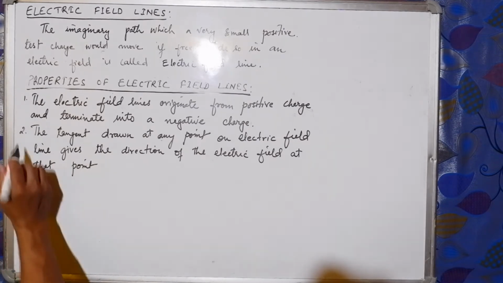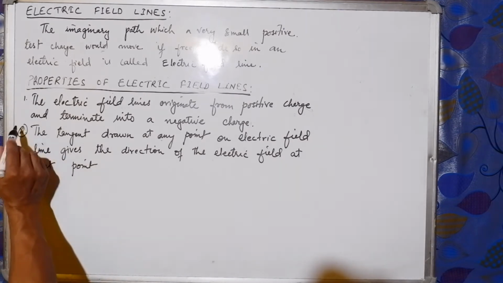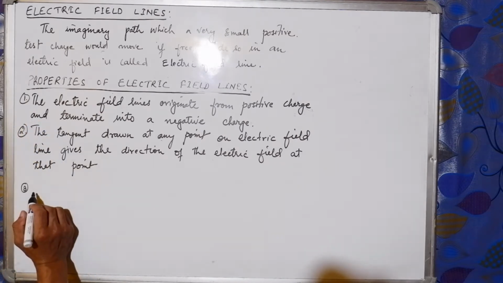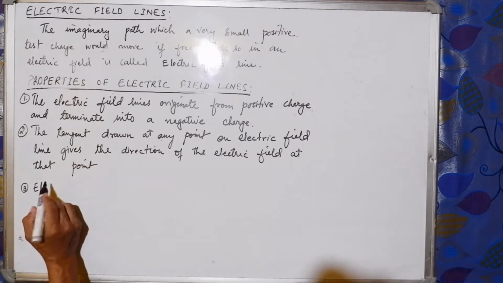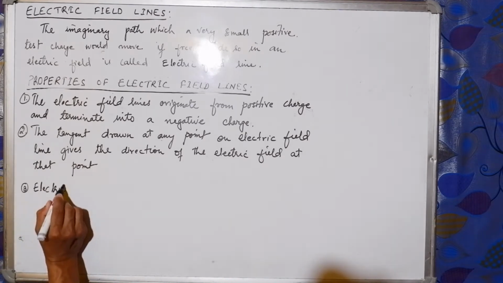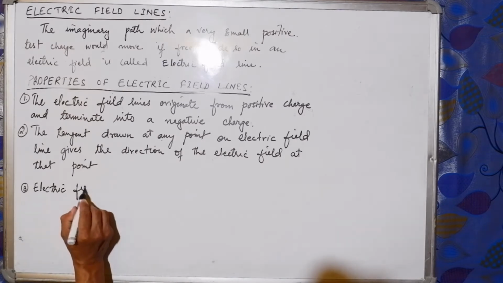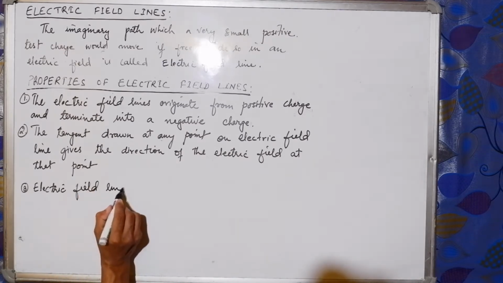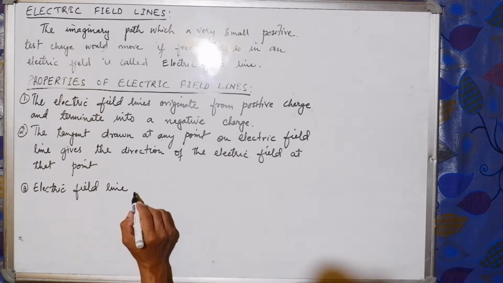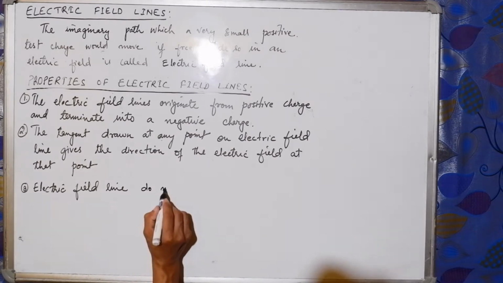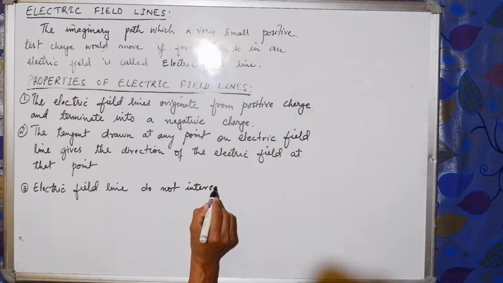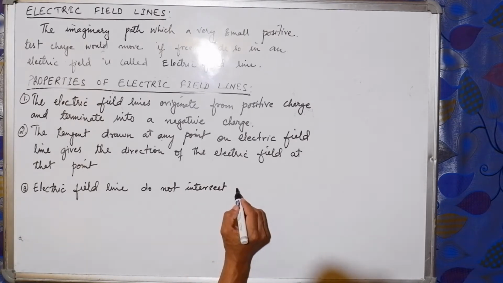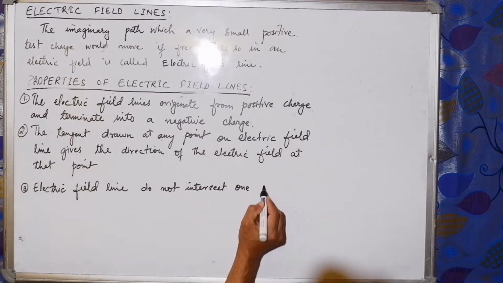Point number 3. Electric field lines do not intersect one another.